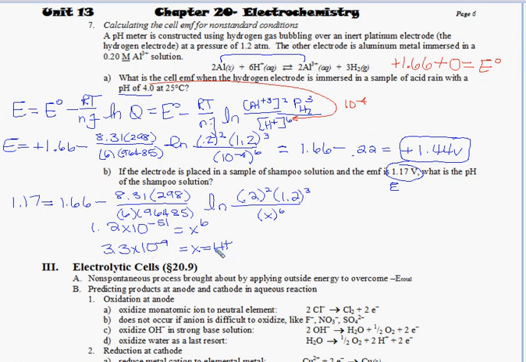And now using what you know about logarithms and pH, you are going to solve for that. And the pH turns out to be a lovely 8.48 as your final answer for the pH of the shampoo solution.